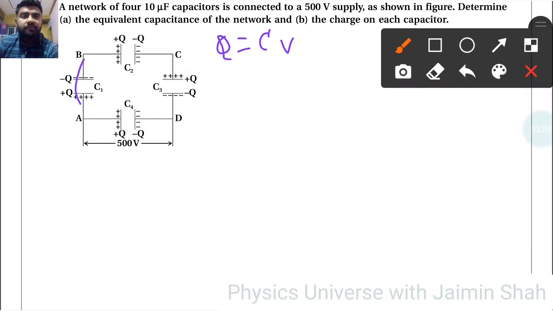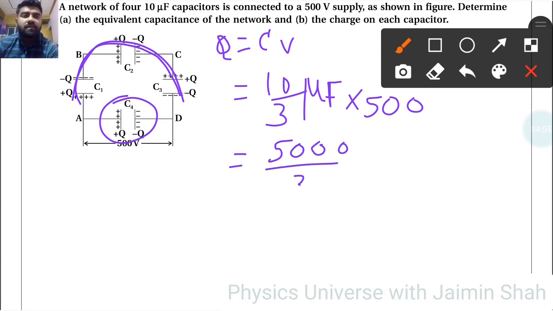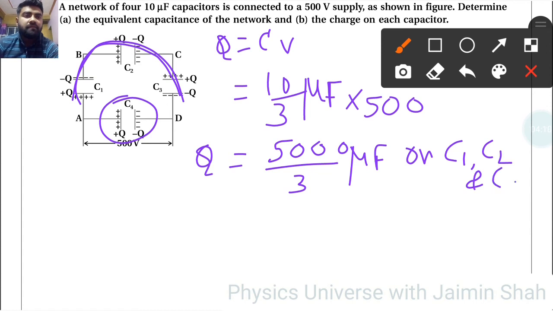For the parallel connection, these are in series, so their equivalent we know is 10 by 3, the C dash we found earlier. So 10 by 3 microfarad into the voltage given, 500, because they are in series and in parallel with this fourth one. So 5000 upon 3 microcoulomb, right? That is our charge on C1, C2 and C3.